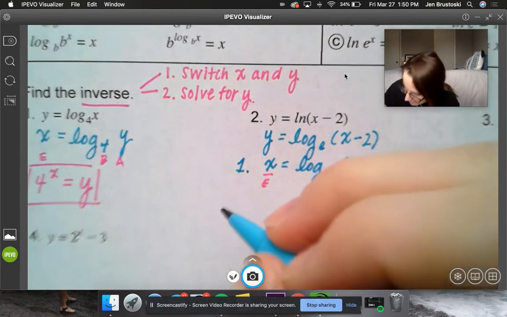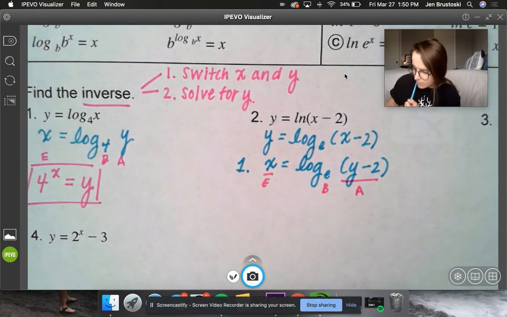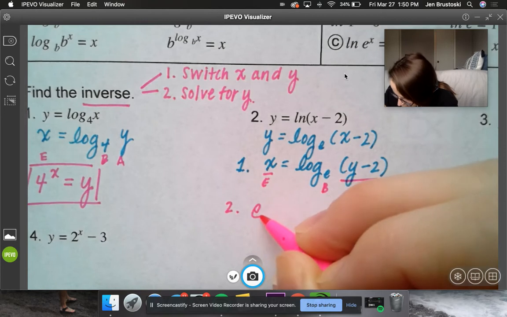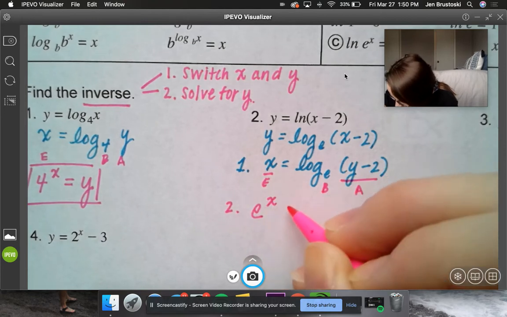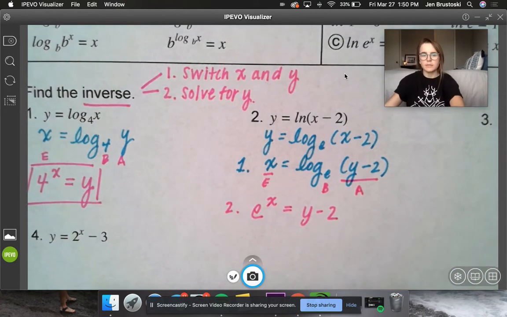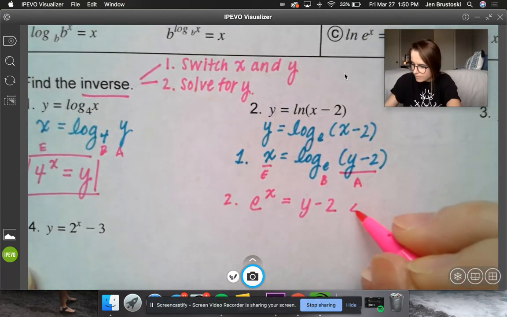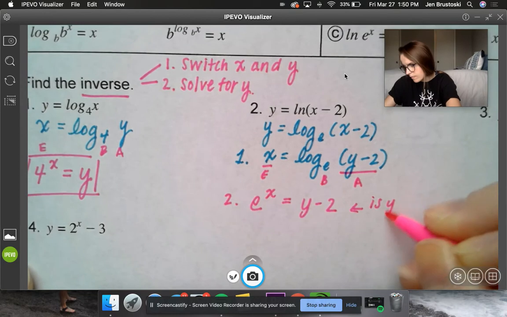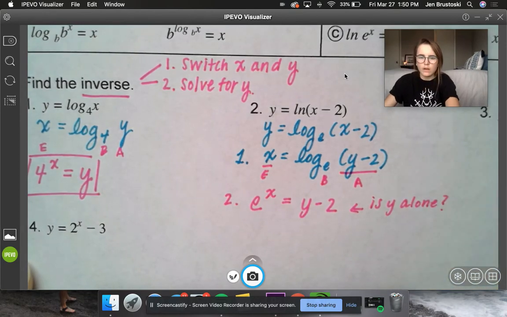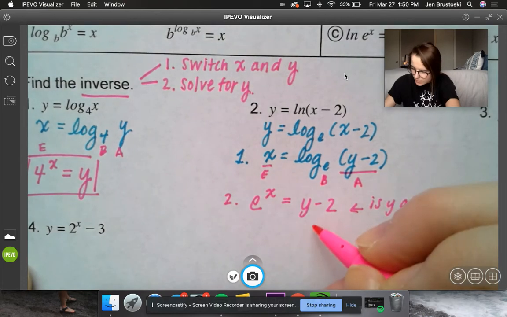So then step 2, pink marker, we have base to the exponent gives us our answer. And I ask myself, is y by itself? No, so we have to add 2 to both sides.